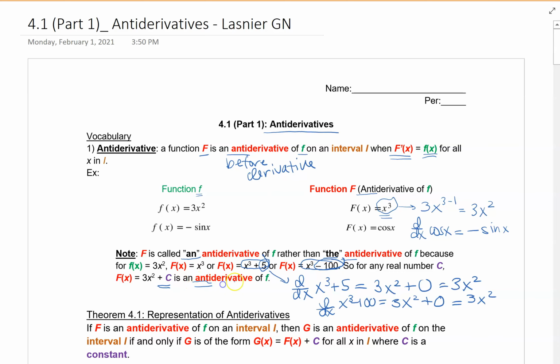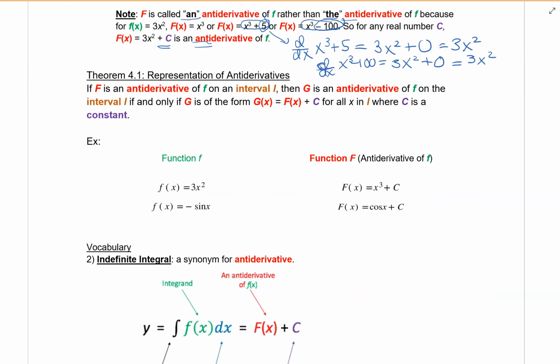that are the antiderivative of f. So this concept is summarized up here in Theorem 4.1, the representation of antiderivatives. This is basically saying that if F is an antiderivative of a function over an interval, then G is an antiderivative of that same function if it's of this form: the antiderivative of lowercase f plus C. Any function that equals the antiderivative plus C is also considered an antiderivative of that same lowercase function f.